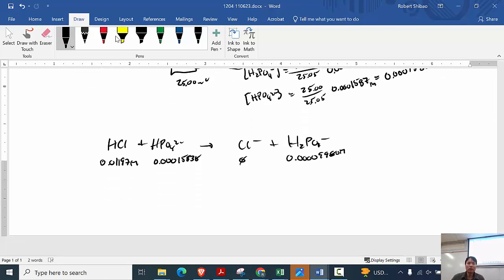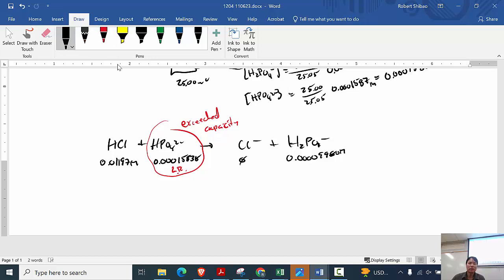So when you look at the limiting reagent, what is the limiting reagent now? This is the limiting reagent. And so what we say here is we've exceeded the capacity. If we completely eliminate one of the components, then it's no longer going to be a buffer.